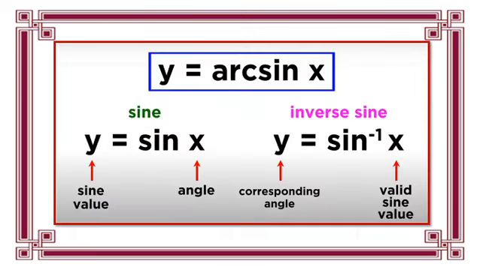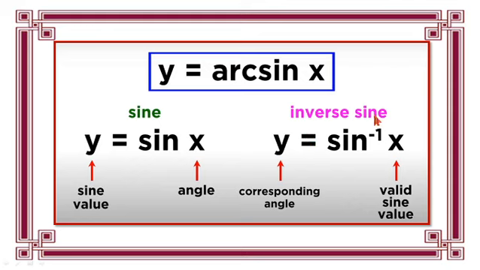When it is written y = arcsin x, this is the same as sine inverse x. When we write y = sin x, this is the sine value and this is the angle. For example, when we say sin 45 degrees is equal to 1 by root 2, that 1 by root 2 is the sine value and 45 degrees is the angle.